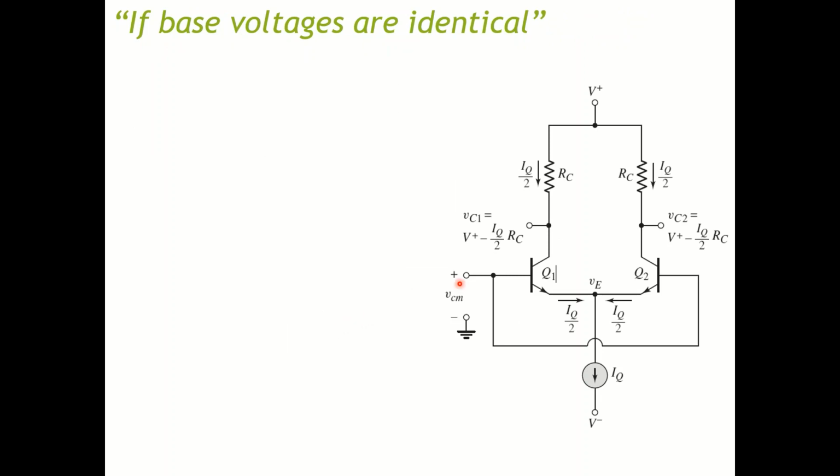Okay, let's do a little bit of analysis. If the two base voltages are identical, you can actually connect the two base terminals together at a voltage VCM. Remember how we define VCM? VCM is equal to the average of the two inputs, so VCM equals VB1 plus VB2 divided by 2.